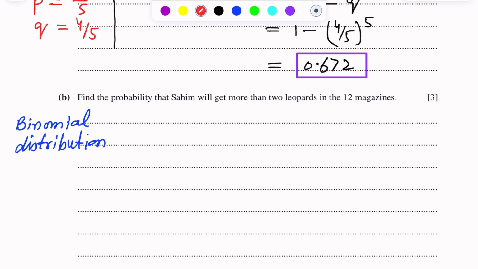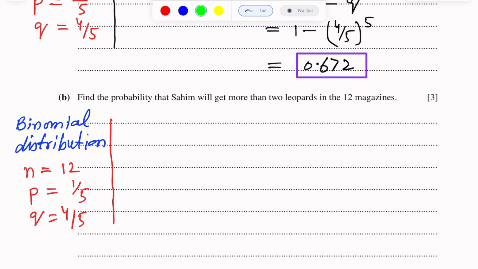So probability of leopard is 1 over 5 and number of magazines n is equal to 12. P is equal to 1 over 5 and Q will be 4 over 5. Now we have to find the probability Sahim will get more than two leopards.